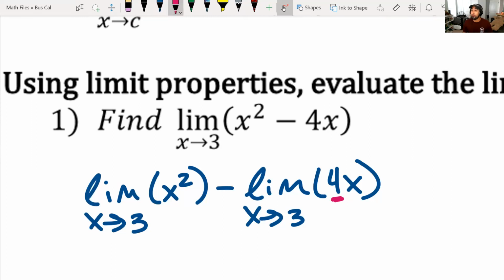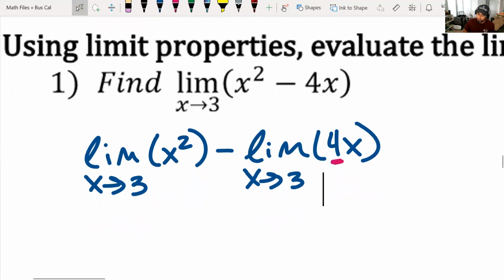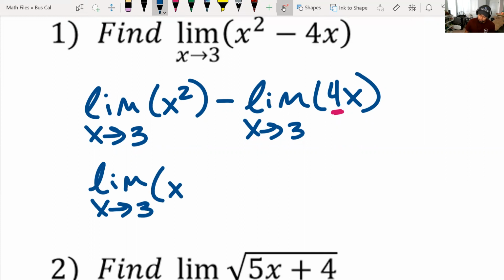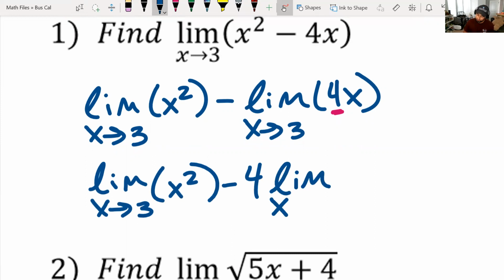Now, using these limit properties, I can take this 4 and move it to the front because it's a coefficient. I now get the limit as x approaches 3 of x squared minus 4 times the limit as x approaches 3 of x.